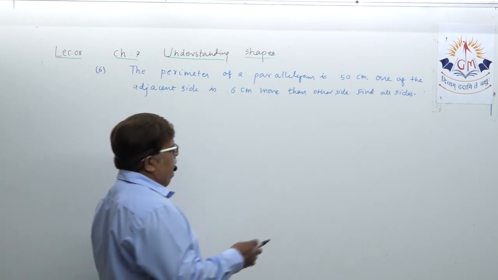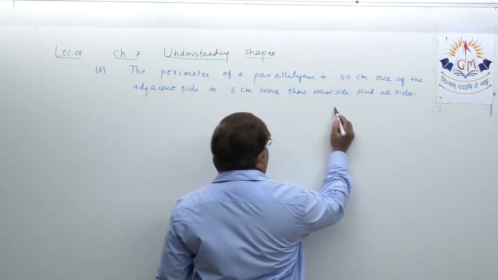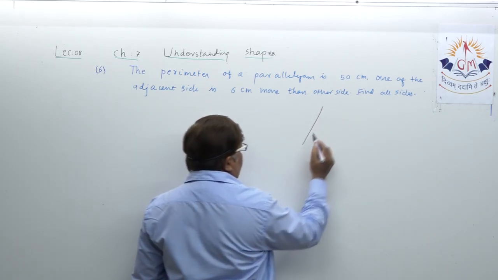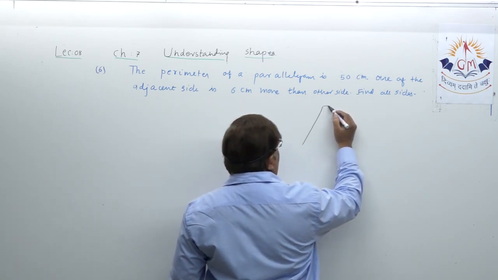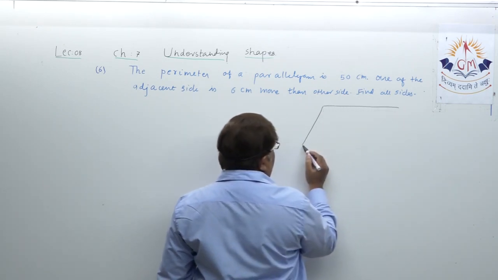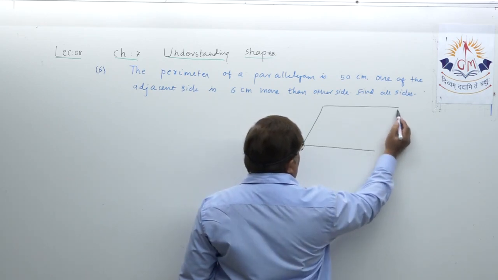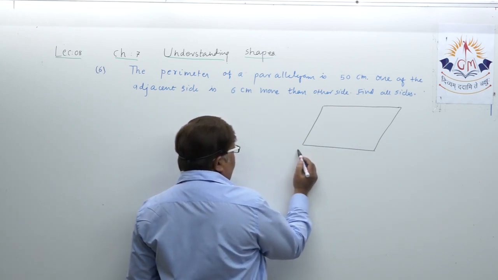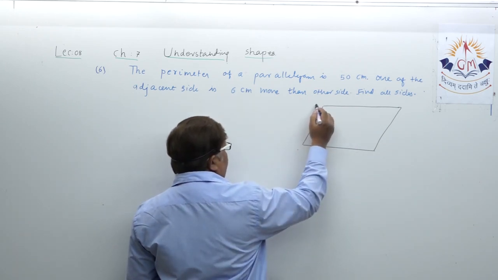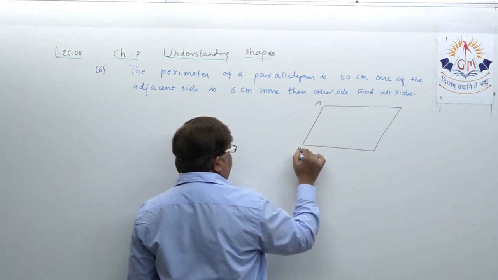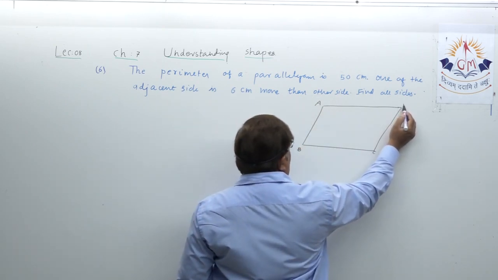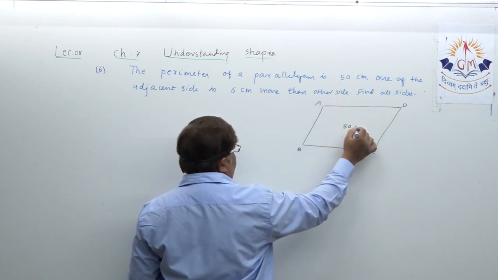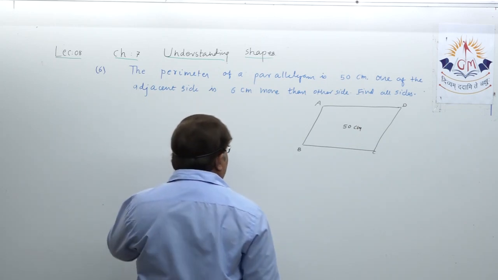As usual, dear student, let us first draw a parallelogram. Okay. Now in this parallelogram ABCD, let me name it this way. You are given perimeter as 50 centimeter, and what is given here?